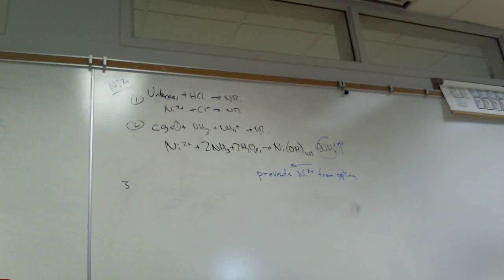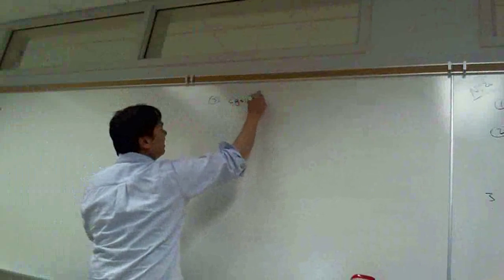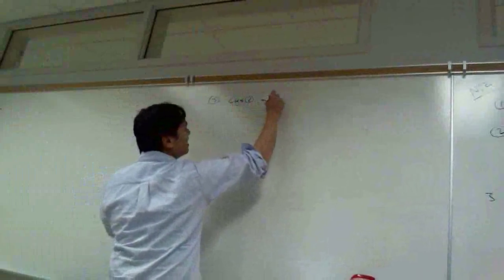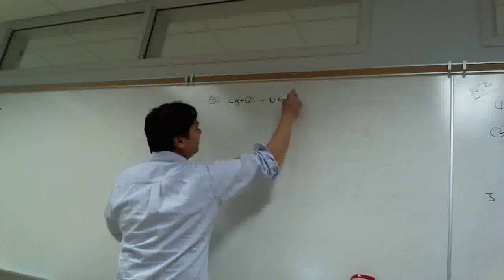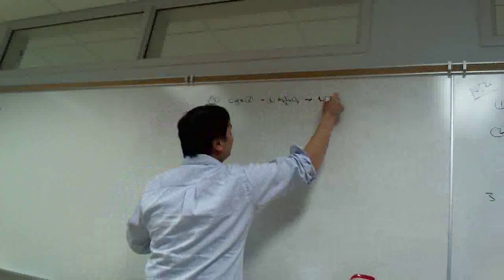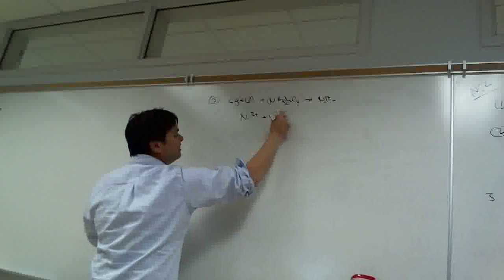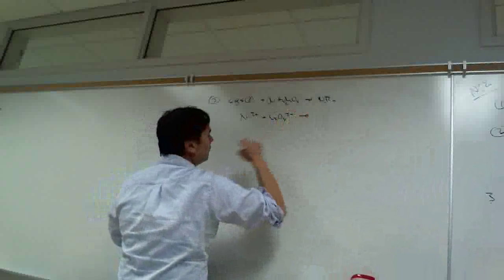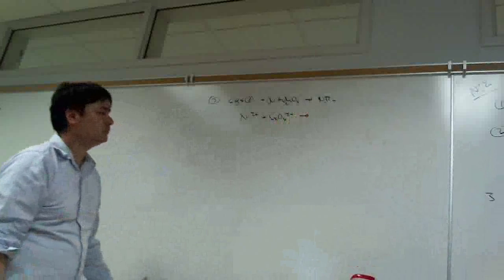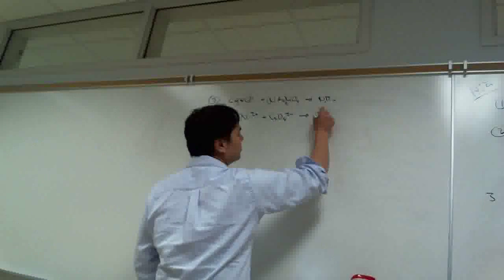Number 3, we take our CGS from 2 plus ammonium oxalate yields NR. It turns out nickel 2 plus and oxalate aren't going to precipitate. And so we get NR.